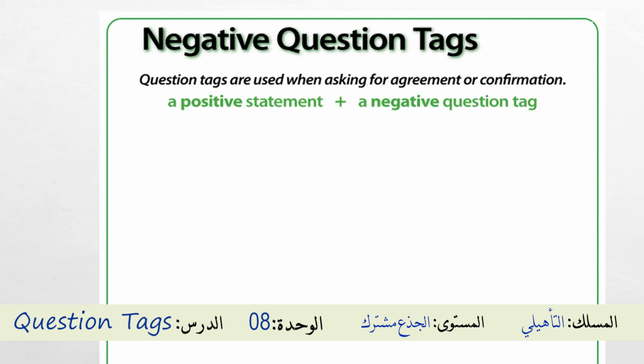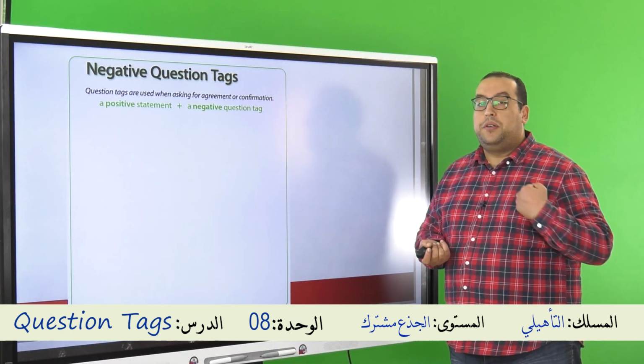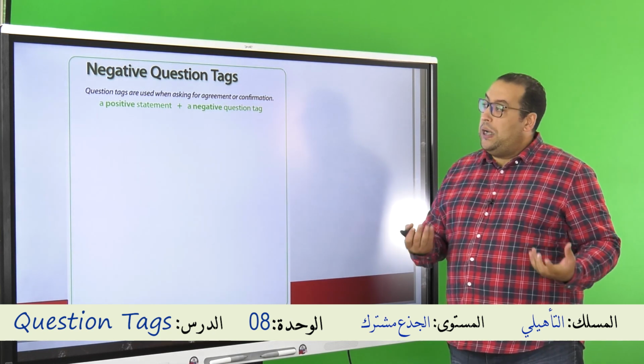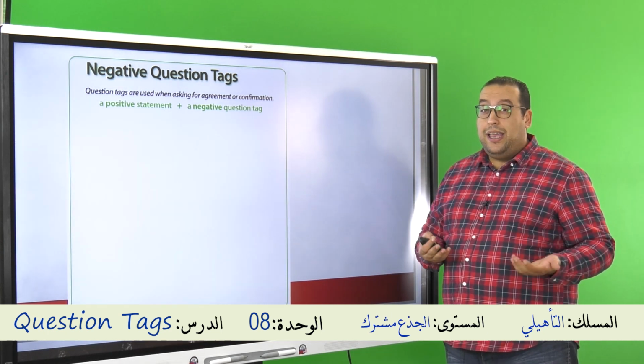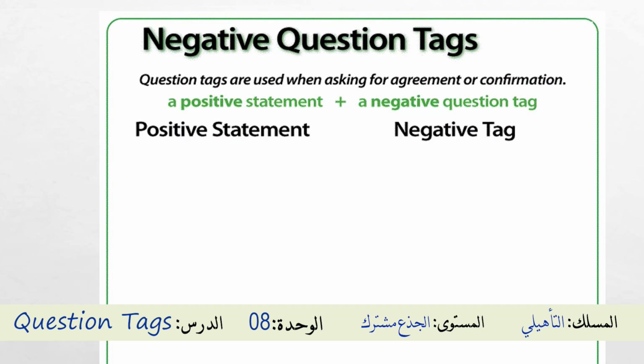So this is affirmative, or we say positive. And at the end, I use a negative question tag to get your confirmation or agreement about what I said before. So I said, aren't you? It is in the negative form, aren't you? So we start with the positive statement and then we finish with the negative tag.